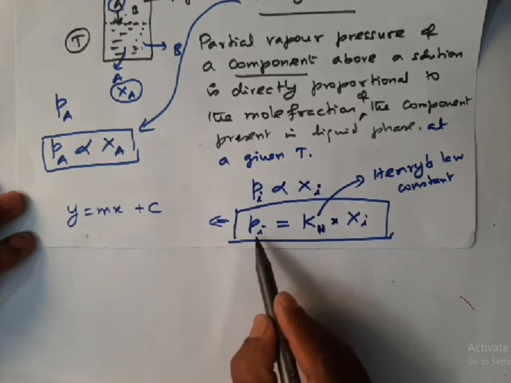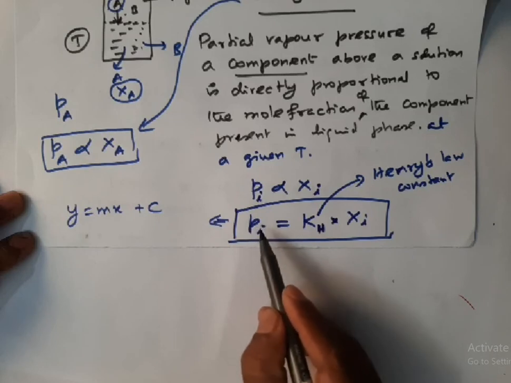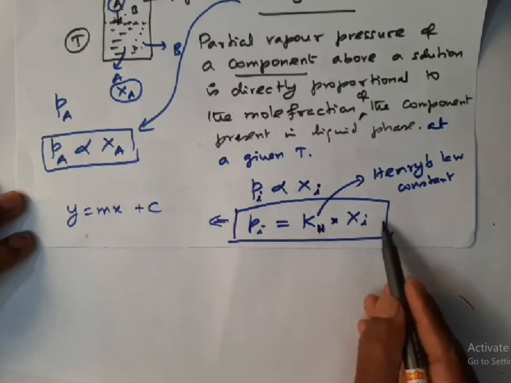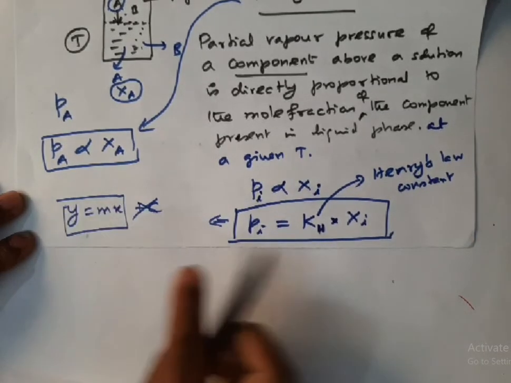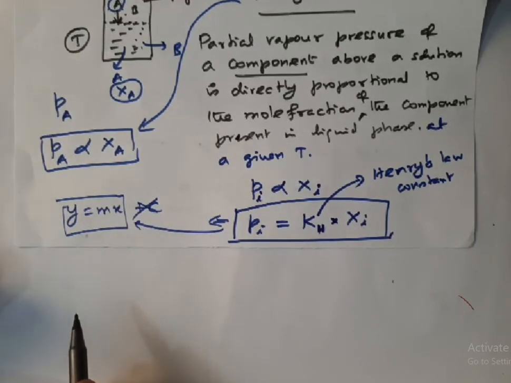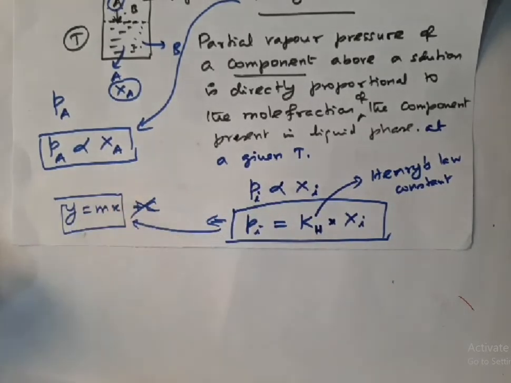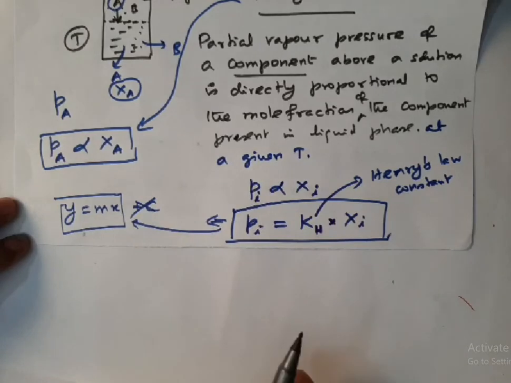But here, if you plot Pi on the y-axis and Xi on the x-axis, there is no c here, so you just remove the c. So this equation is similar to the equation of the straight line y equal to mx, and the intercept is 0. What is meant by that?